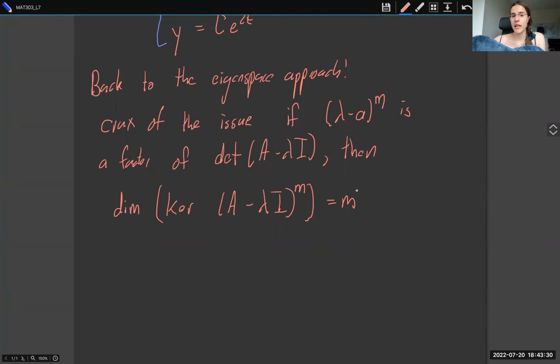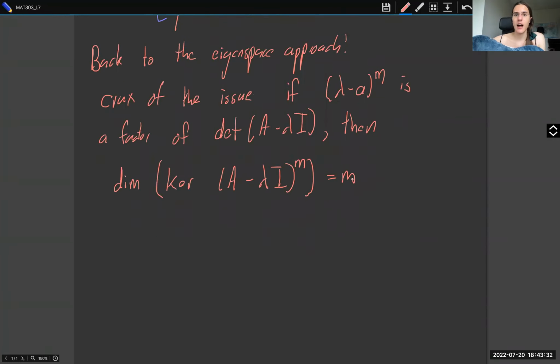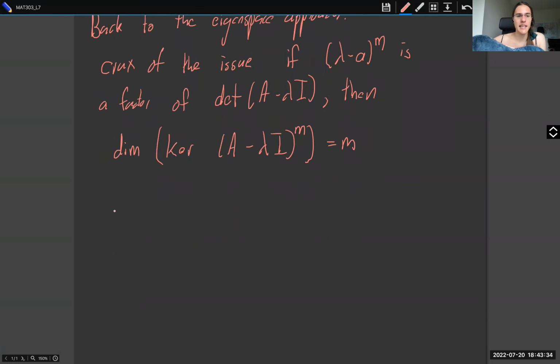So in general, if you think about the example 2, 1, 0, 2, if we consider a minus 2i, that equals 0, 1, 0, 0.